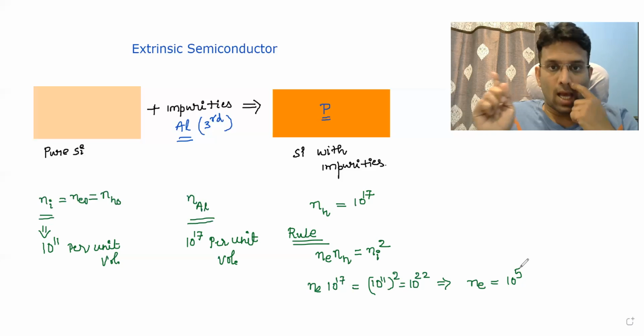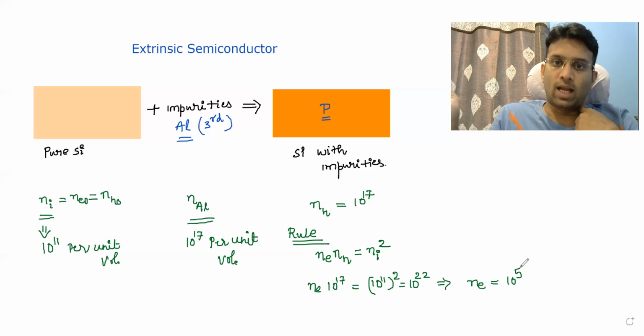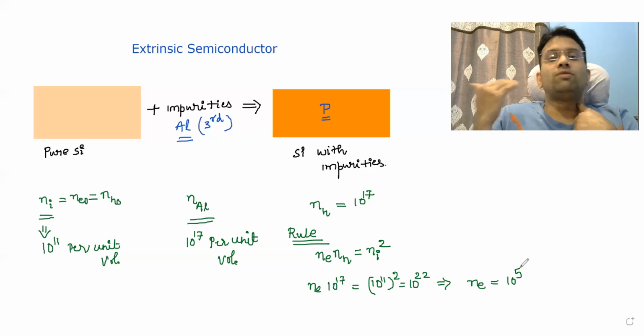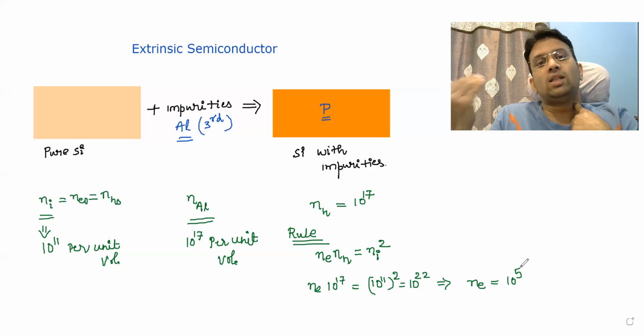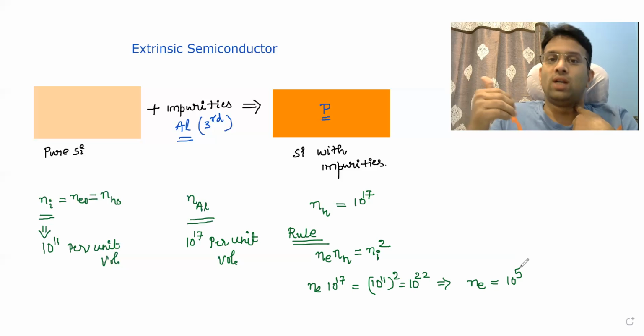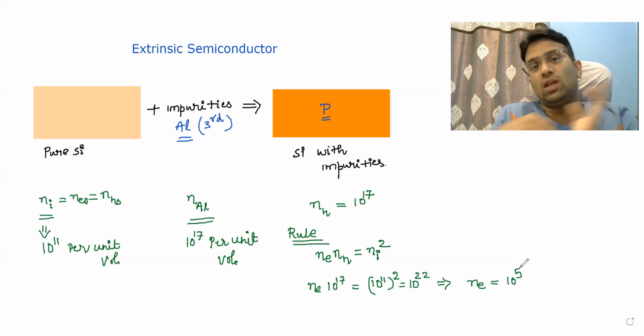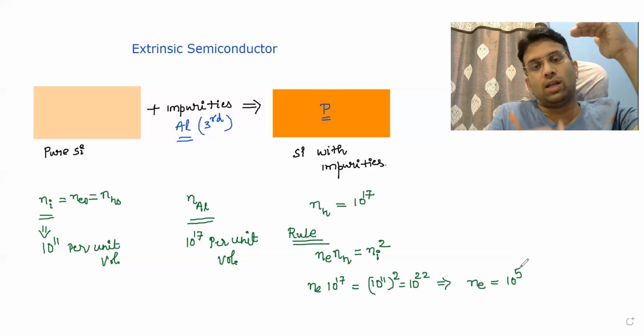A p-type semiconductor has holes as majority carriers. Because of the majority of holes, automatically the electrons become minority, and the product of electron density and hole density will be the same as that of the intrinsic semiconductor, and therefore as the number of holes increases drastically, the number of electrons also decreases drastically.